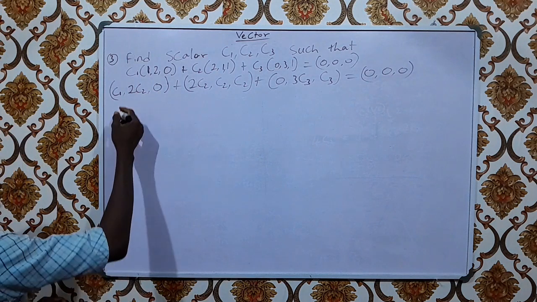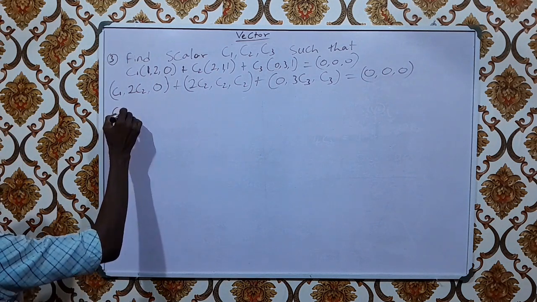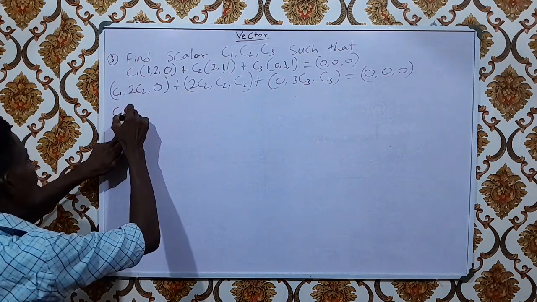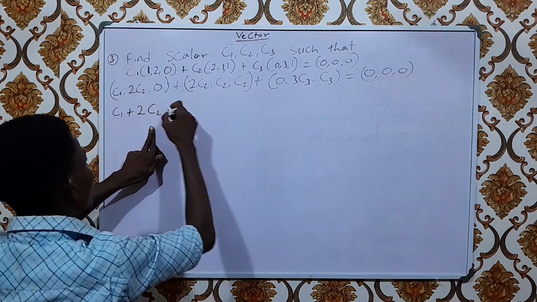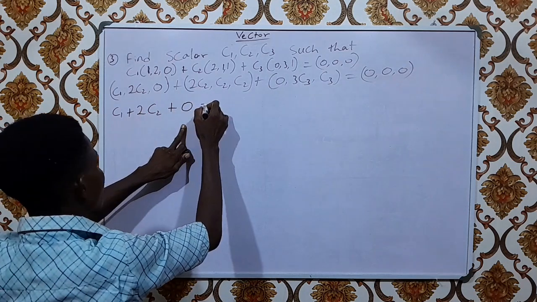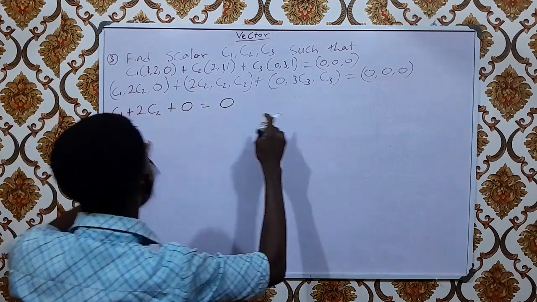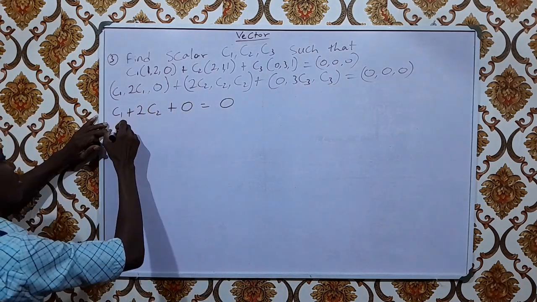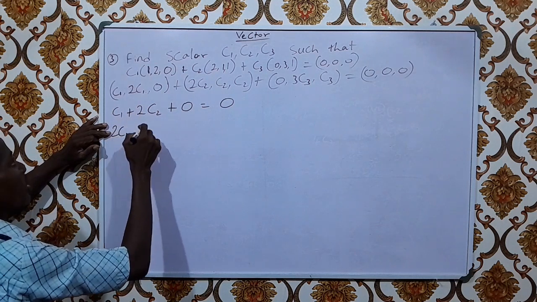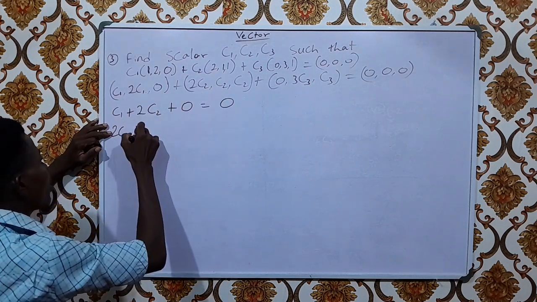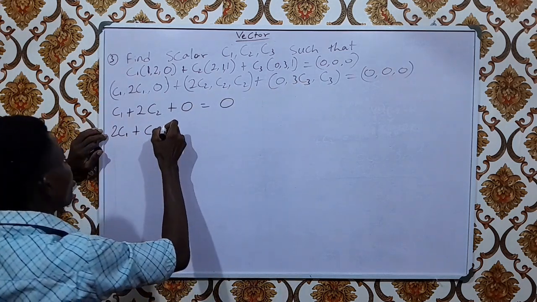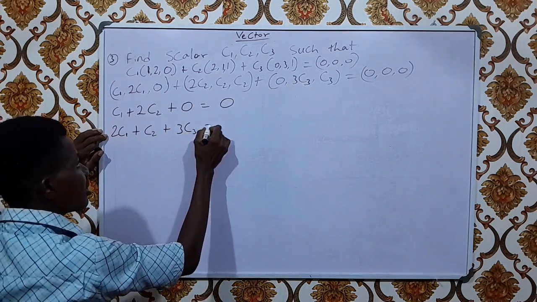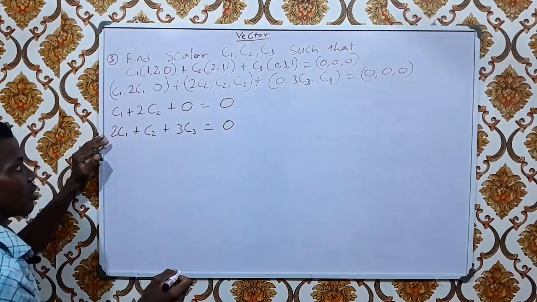From there, we take them one after the other. C1 with this plus 2C2 plus 0 is equal to 0. We come back here. 2C1 plus C2 plus 3C3 is equal to 0.